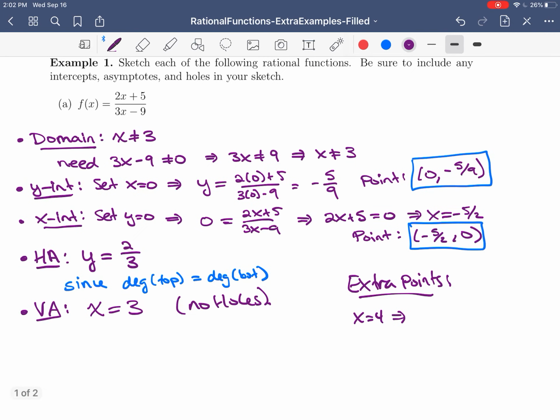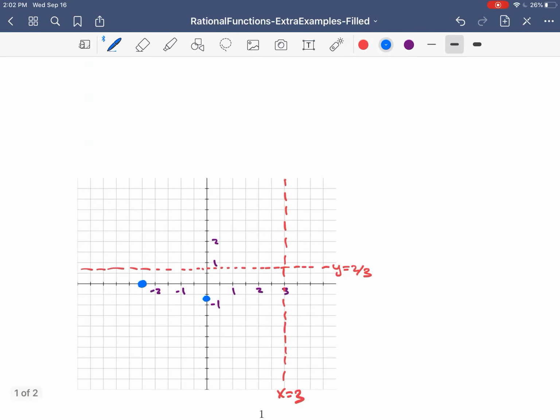Then y is going to be 8 plus 5, so 13, over 12 minus 9, which is 3. So that's 4.33, which gives us another point. At 4, we're up here.